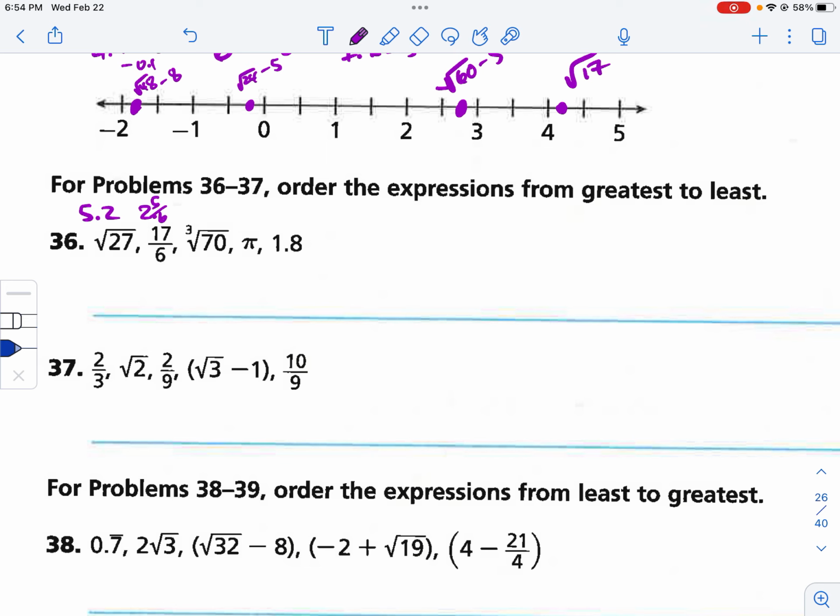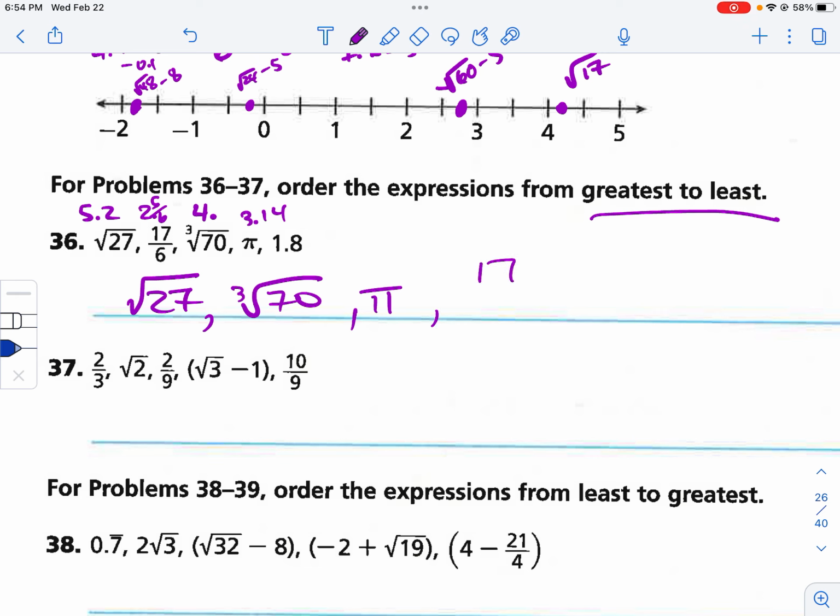The cubed root, that's going to be 4 point something, 3.14. So greatest to least. So the greatest number here is the square root of 27, then the cubed root of 70, then pi, then 17 over 6, then 1.8.